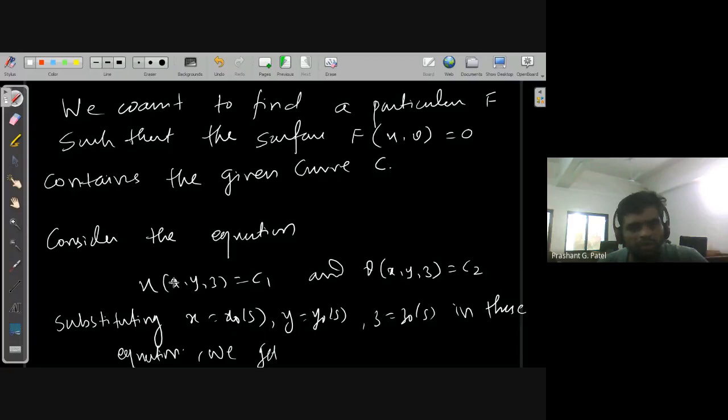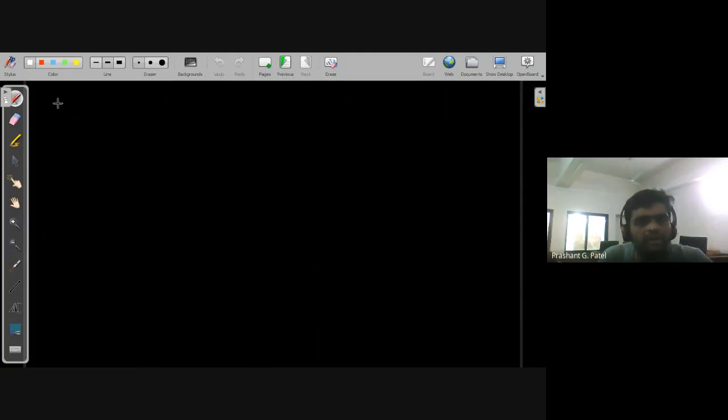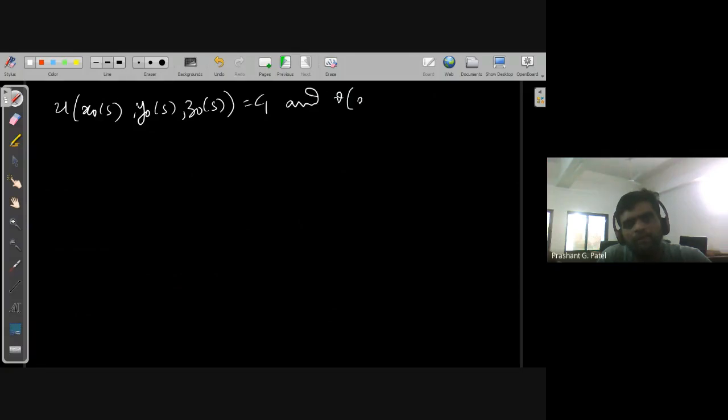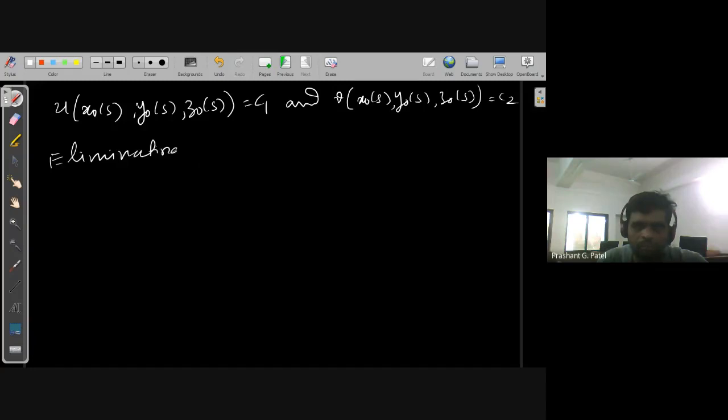If I substitute here in place of x, x0, in place of y, y0, in place of z, z0, everything is converted into s. So we'll have u of x0(s), y0(s), z0(s) equal to c1, and v of x0(s), y0(s), z0(s) is equal to c2. We need to eliminate this s between them.